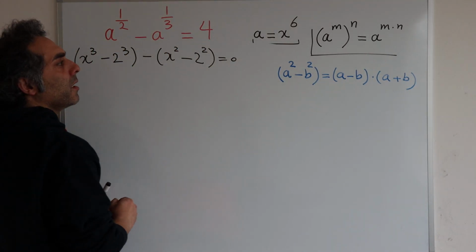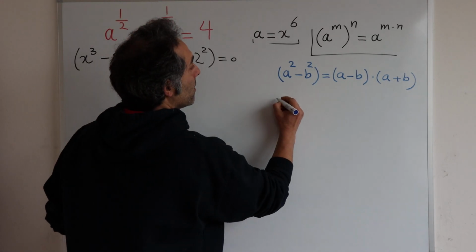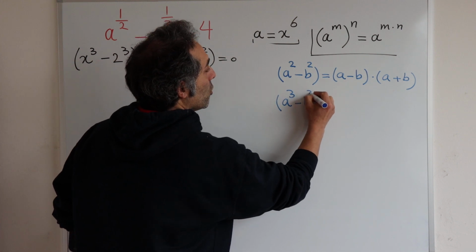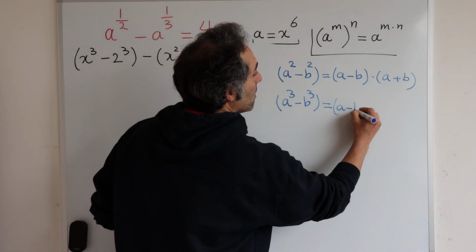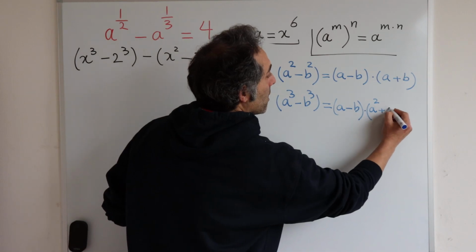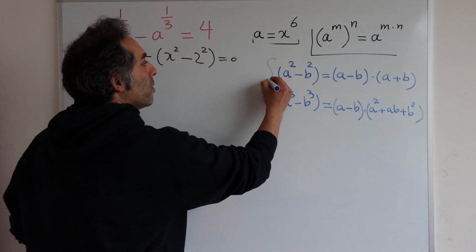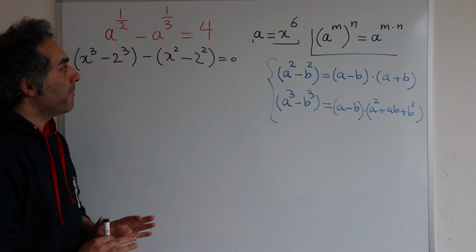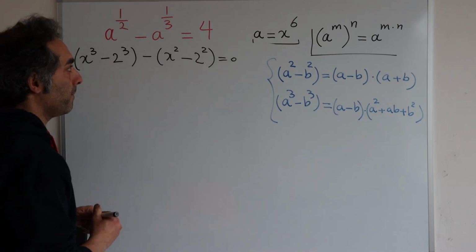This is an identity you can use here, and another identity is a cubed minus b cubed equals (a minus b) times (a squared plus ab plus b squared). These are two useful identities. You can use them to solve or simplify this equation.